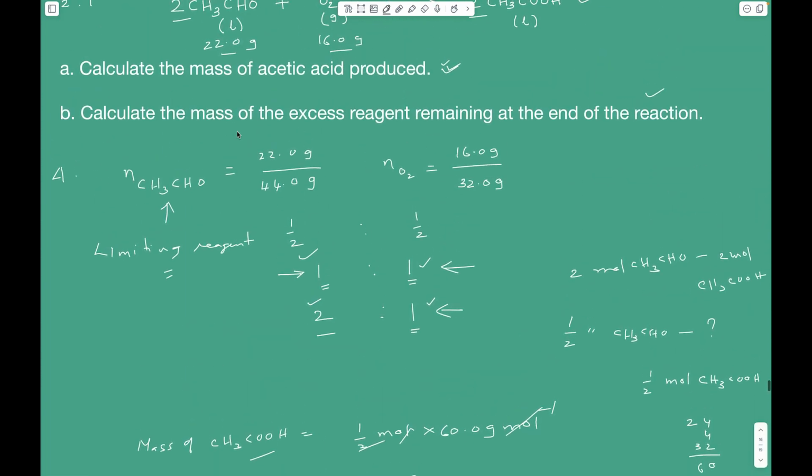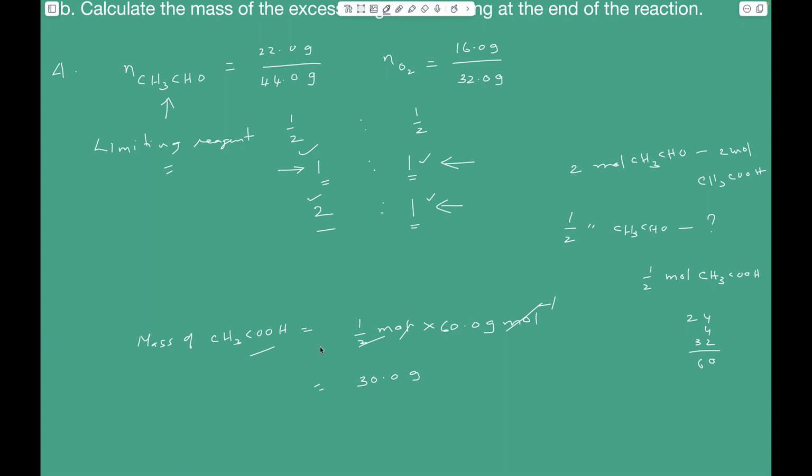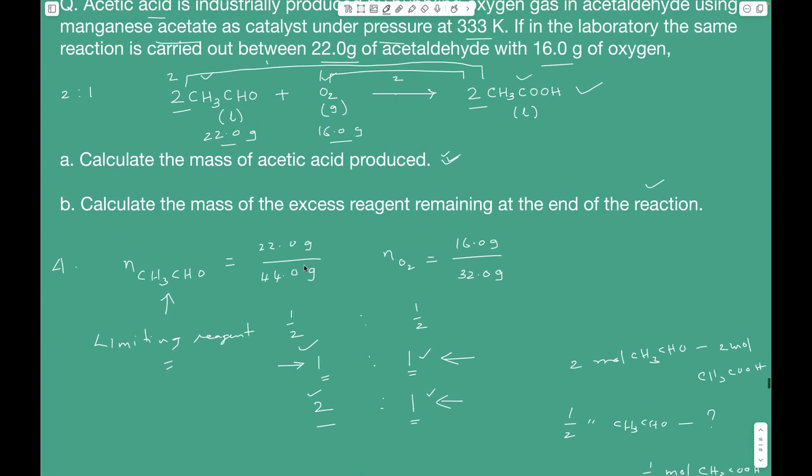Now we have to calculate the mass of the excess reagent remaining at the end of the reaction. By the way, what is the excess reagent in this reaction? We first figured out that these masses are not in the right proportion for them to completely react with one another. Secondly, we identified that acetaldehyde is the limiting reagent. Then that obviously means oxygen is the excess reagent.